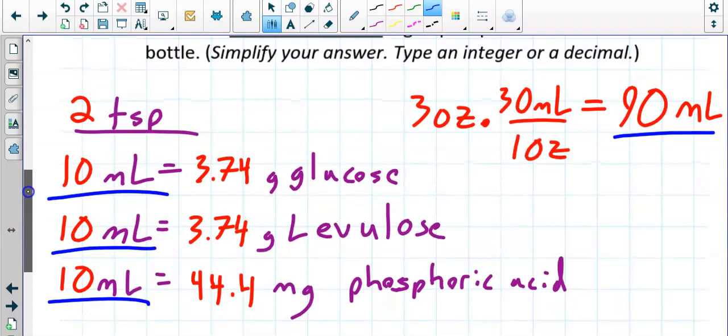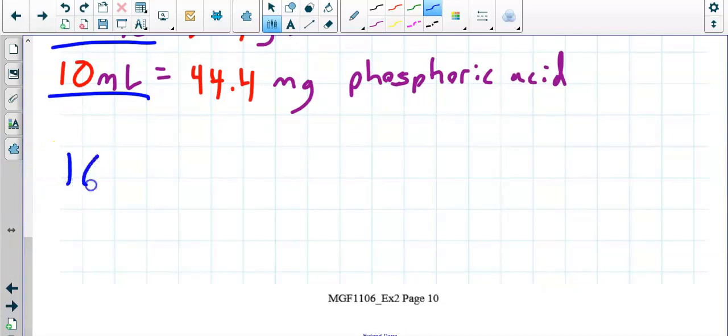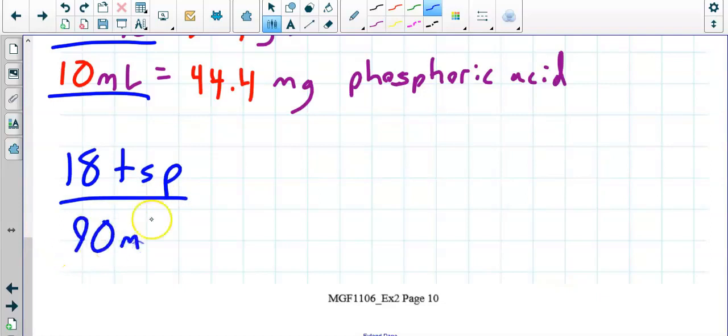That's how we figure that out. And in fact, if you wanted to figure out how many teaspoons that was, since all this is getting multiplied by 9, this guy up here also gets multiplied by 9. So in fact, you're talking about 18 teaspoons in that bottle of 3 ounces, which means that you have 90 milliliters.